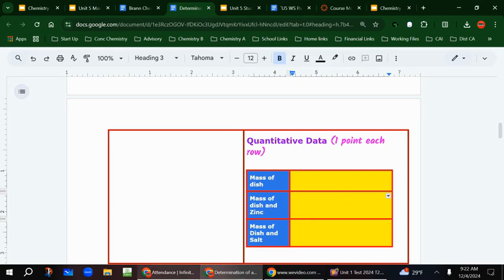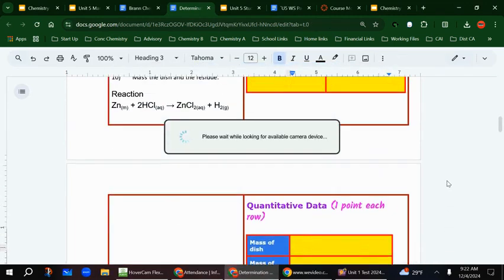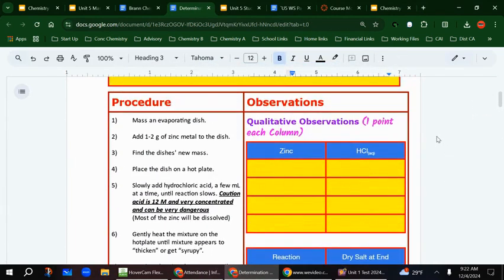All right. So, next step, ladies and gentlemen. You're going to then take this dish and you are going to place it on your hot plate with the zinc metal in there. You will leave it on there until you are almost done with the lab. Okay?